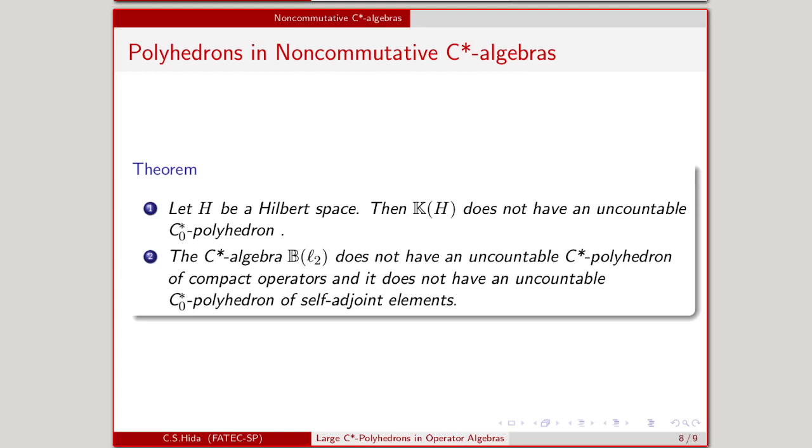In particular, the first result tells us that if you start with a non-separable Hilbert space, then this C-star algebra does not have an uncountable C-star polyhedron. So we have bigger C-star algebras, in the sense of density, without uncountable C-star polyhedrons.